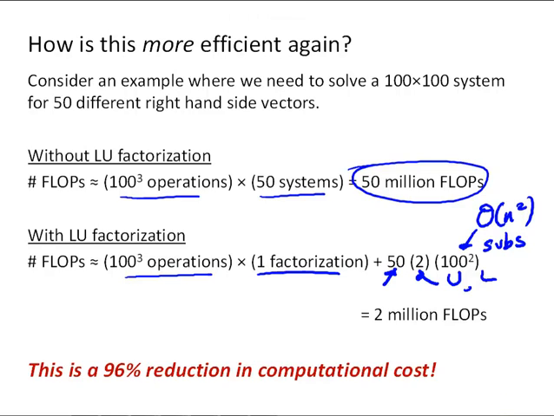But we still have a huge savings because we end up with only 2 million flops. So this is a 96% reduction in the computational cost. And it just gets even greater if we're increasing the size of the system or the number of right-hand side vectors that we solve for. So the bottom line is whenever you are solving a system for multiple right-hand side vectors, it's a good idea to use LU factorization.